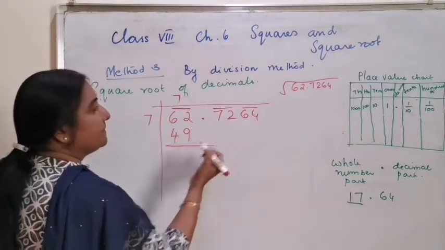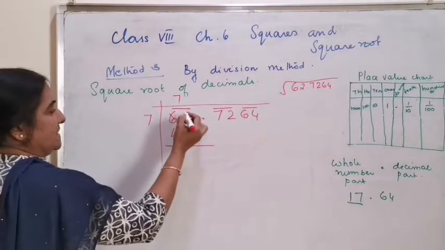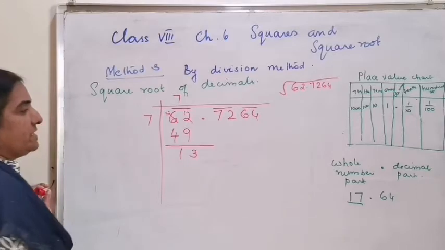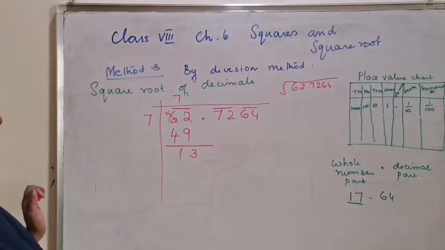You can subtract as 12 minus 9 is 3, 5 minus 4 is 1.